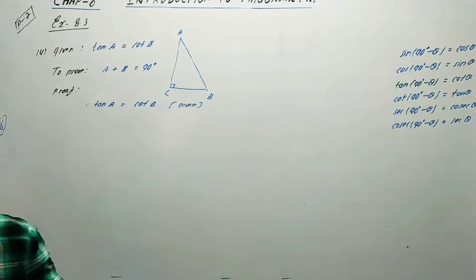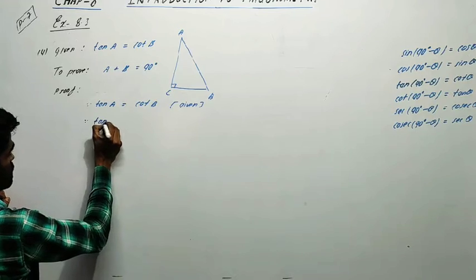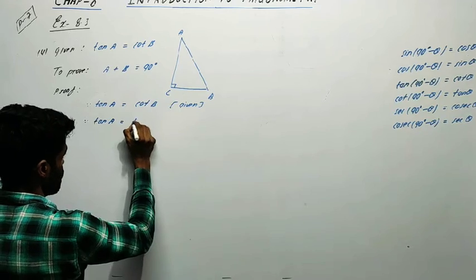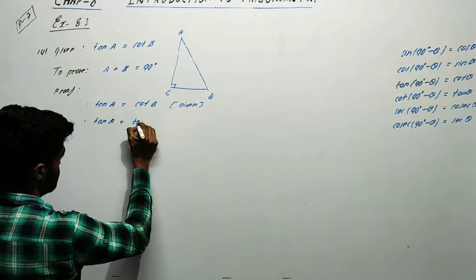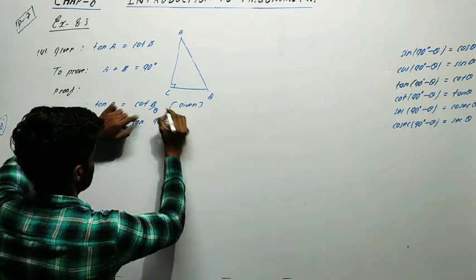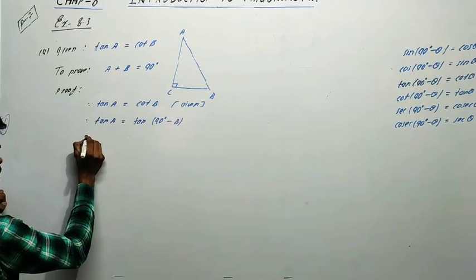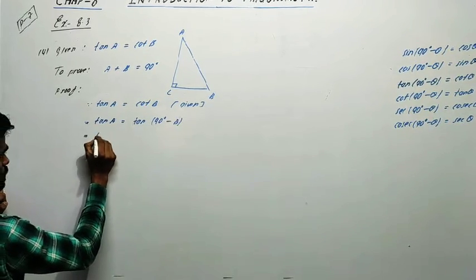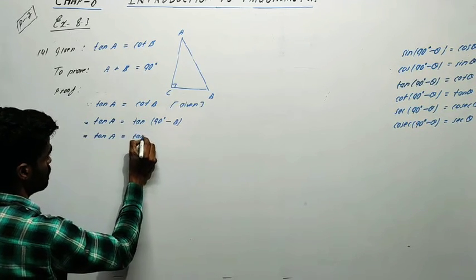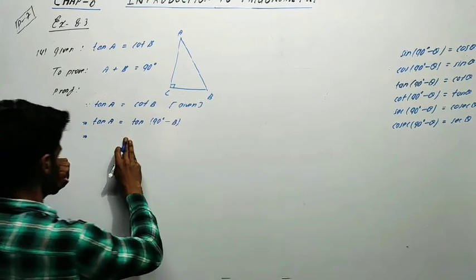let's solve this using the complementary identities. Since tan A is equals to cot theta, it can be expressed in the form of tan theta. Cot theta is equals to tan 90 degree minus theta, here theta value is B. Tan A is equals to tan 90 degree minus B. I am not going to write the same statement here.